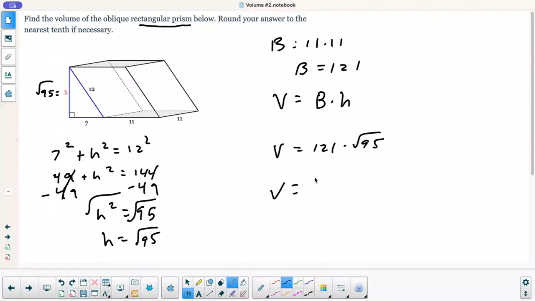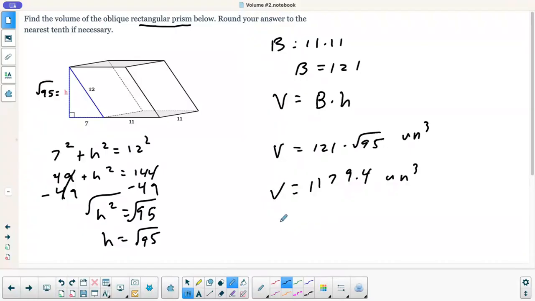It tells me to round, so I'm going to type it in. And that's what I get. I get 1,179.4 cubic units. Or if I wanted it exact, I could leave it like that.